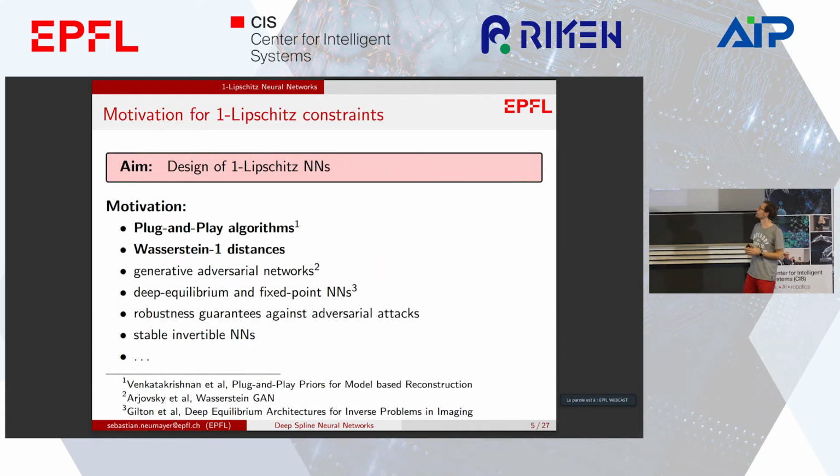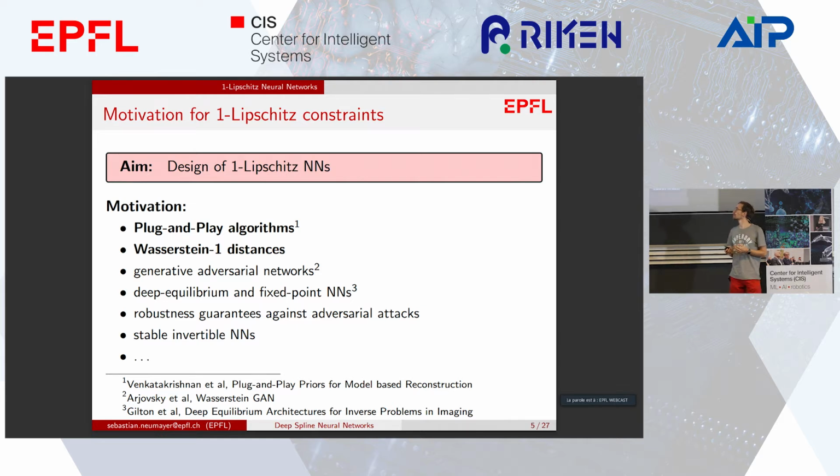So then a brief motivation for using one Lipschitz neural networks. There is a type of algorithms called plug-and-play algorithms, which is used in inverse problems, so for reconstructing images from measurements. And for this type of algorithms, you usually would replace a proximal operator by a denoiser, and if you want to show that the algorithm converges, you actually need to know the Lipschitz constant of your network.